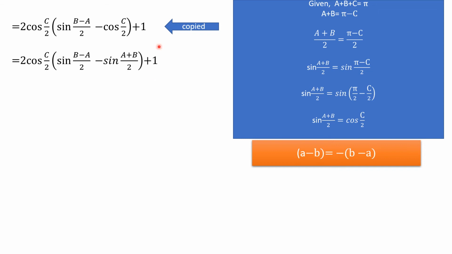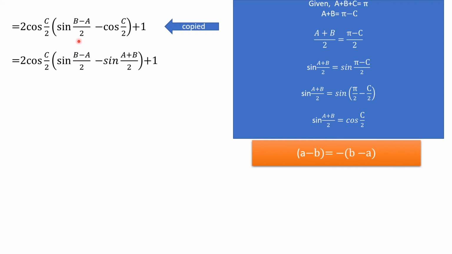And then before we continue further, we have learned that A minus B can be written as minus in bracket B minus A. Just we have taken minus common from here and we have expressed this as B minus A. Same thing over here.